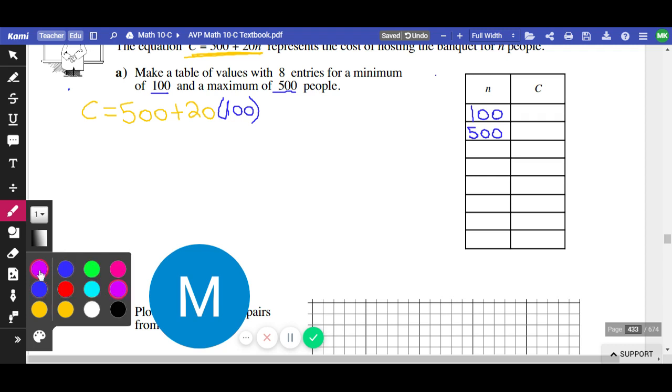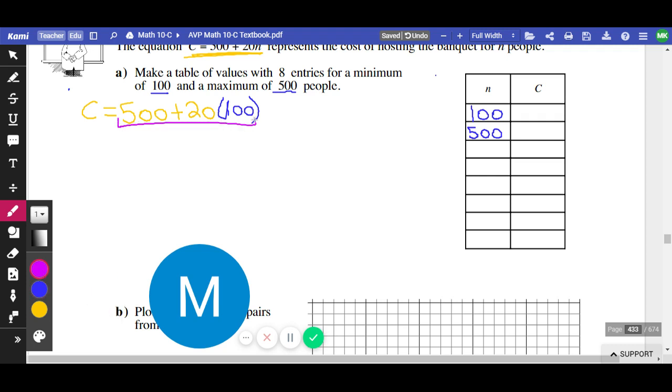In fact, this whole thing can be calculated. And I figure that the cost equals $2,500. That's our first input value of 100 people. That's the least number of people who can come.